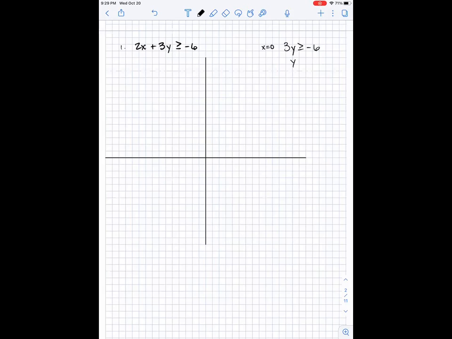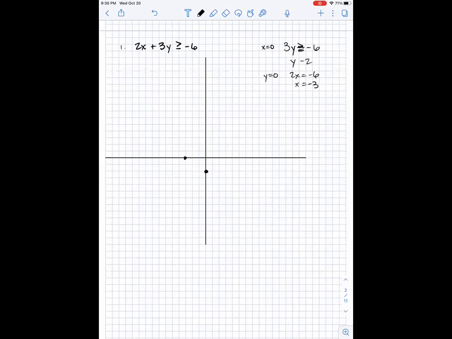And since we're just looking for the intercepts, we can make this an equal sign. So y is equal to -2. So my first point we have is 0, -2. The second thing we can do is set y equal to 0, leaving us with 2x equals -6 or x equals -3. So we've got -3, 0.